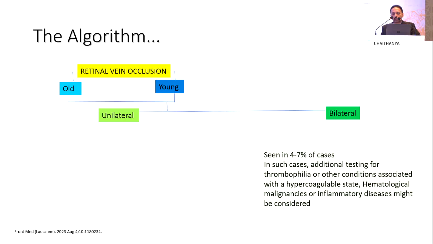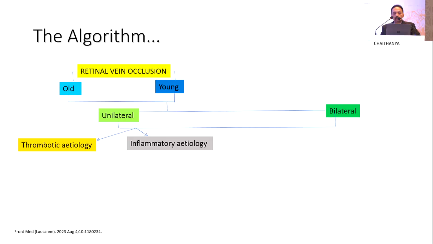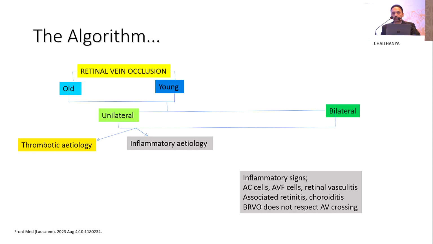You're looking at hypercoagulable states, hematological malignancies, or even inflammatory diseases. So these have to be considered. Even in unilateral cases, one needs to first rule out if there is an associated inflammatory sign. Look for inflammatory signs. For example, if you have a BRVO and it does not respect the typical AV crossing change, then you're thinking of an inflammatory vein occlusion.